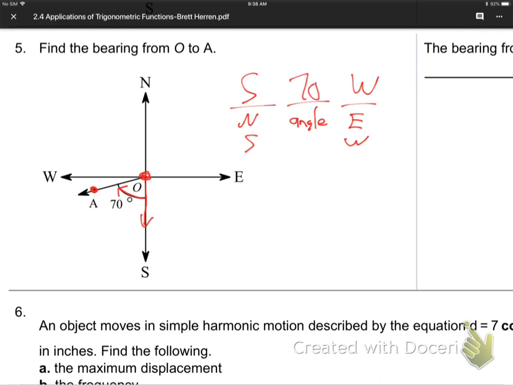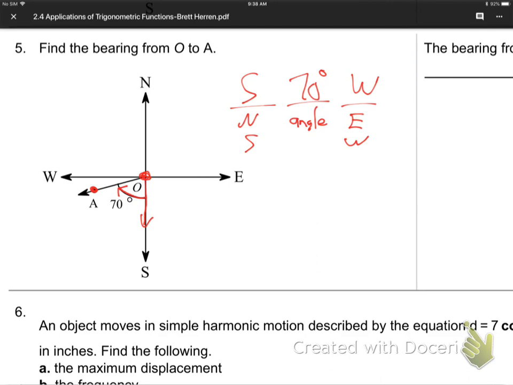Yeah, I don't have to subtract on this one. They're just handing it to me. It's south, 70 degrees west. Is that making sense? So starting from here, if you head south, but not pure south, 70 degrees to the west of south, that is the actual bearing. It's south, 70 degrees west of south.